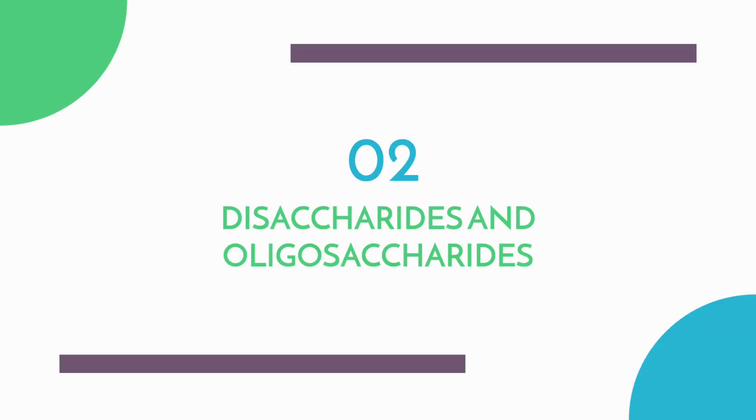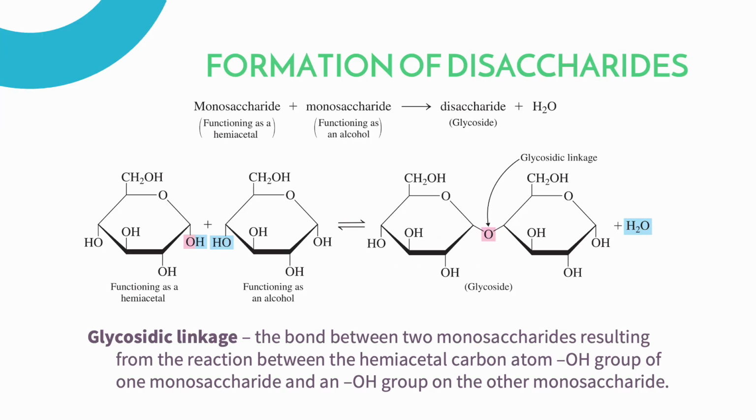Disaccharides and oligosaccharides. Before we discuss some important disaccharides and oligosaccharides, let us first discuss how disaccharides, oligosaccharides and polysaccharides are formed. So let us start with the disaccharides. Disaccharides are composed of two monosaccharide units connected by a glycosidic linkage.